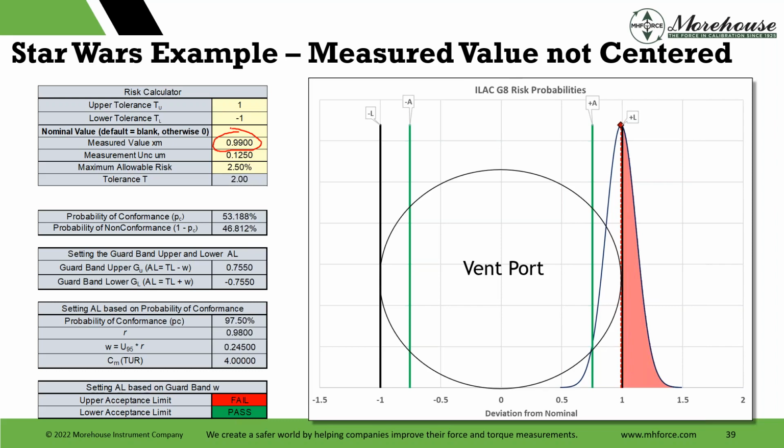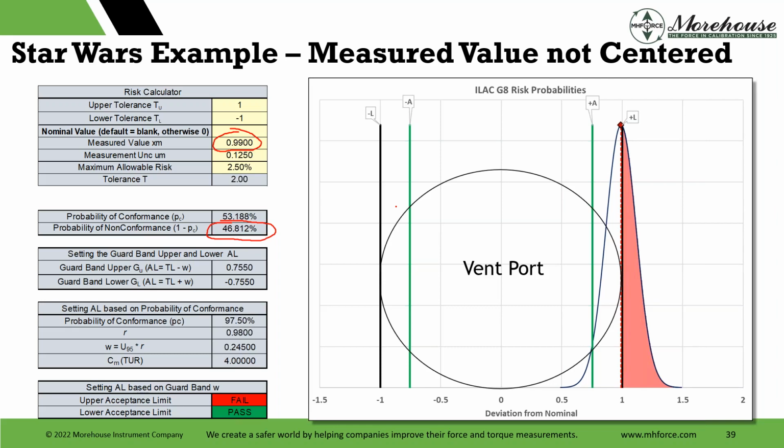And how much probability, how much of our torpedo is outside of that hole? If we're shooting baskets, how much of our basket is outside? And it's calculating that probability of non-conformance is 46.812. That's how much is over the side of our tolerance limit.